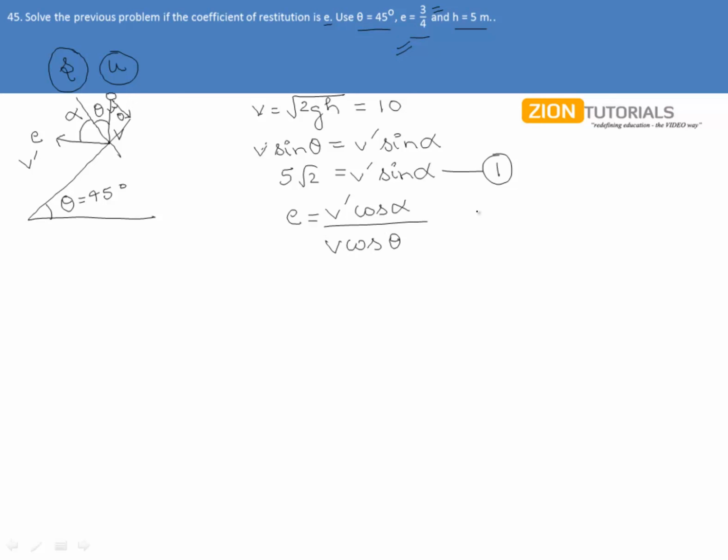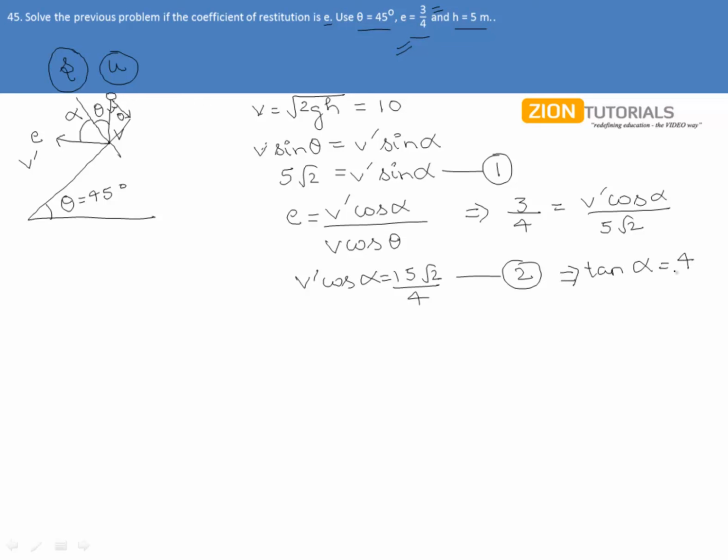So 3/4 equals V dash cos alpha upon 5√2, giving us V dash cos alpha to be 15√2/4. Let us mark it as equation number 2. Dividing equation 1 by 2, we get tan alpha equals 4/3.